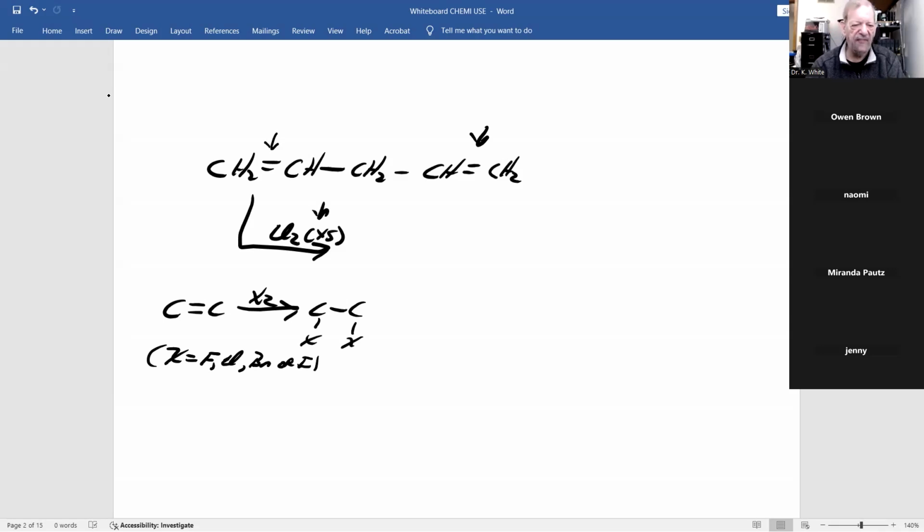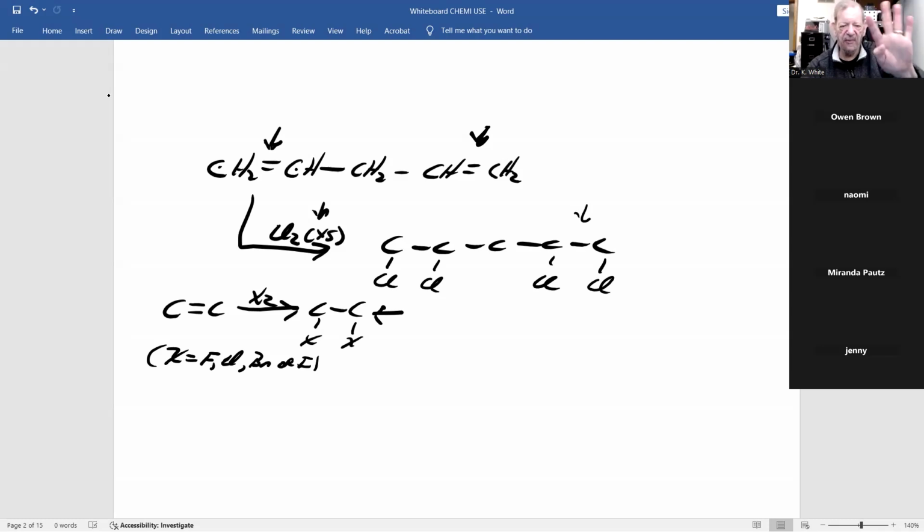No. So I have 5 carbons across. I break both pi bonds, one for each double bond, and my general reaction says each carbon of a double bond gets a halogen, in this case chlorine. And the other double bond, same thing happens.